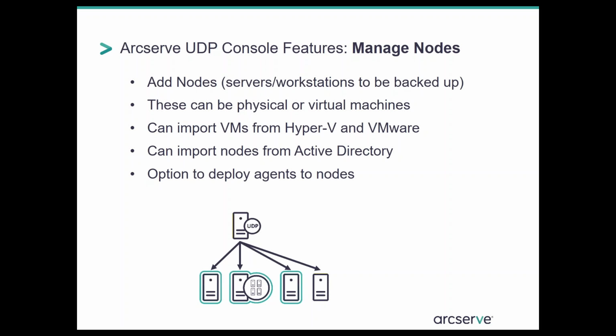Or if we're looking at virtual machines, we can import them from Hyper-V or VMware. We can also query Active Directory and import nodes from there. And then once the UDP console is managing these nodes, we can actually choose to deploy and push out the agents to these machines, meaning that we don't need to touch each node separately anymore.